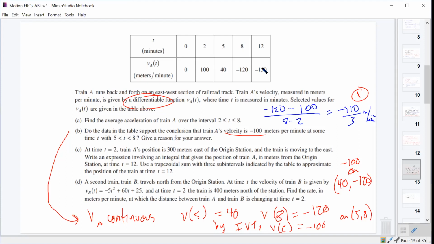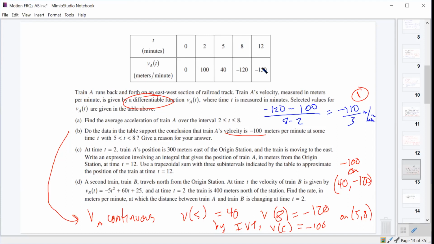Yeah. Okay. All right. Part C says at time t equals 2, train A's position is 300 meters east of the origin station. Wow, that's a great name for a station. And it is moving to the east.